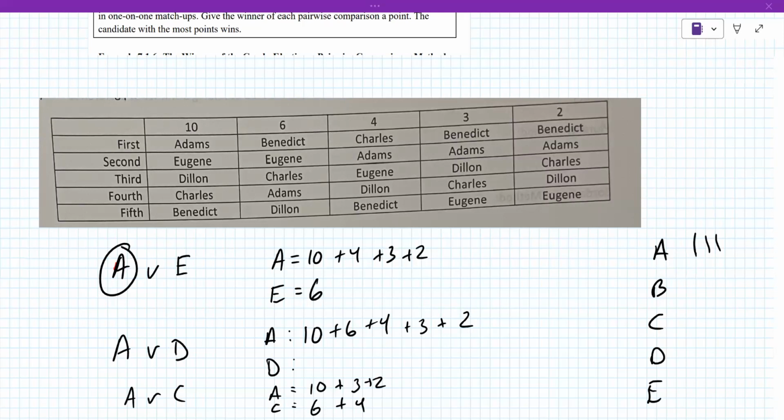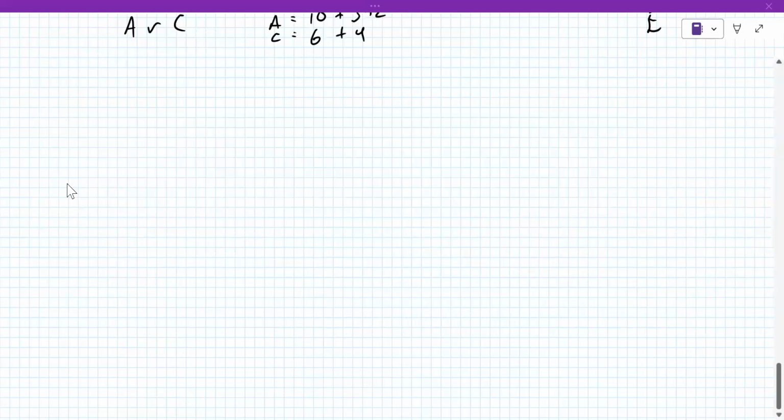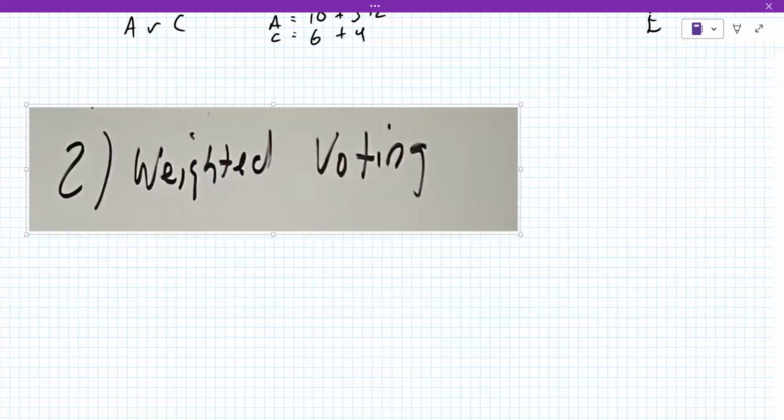test here, kind of versus quiz thing, it says weighted voting. What do you think that means? I'm not sure at the moment. I can find a worksheet on it.